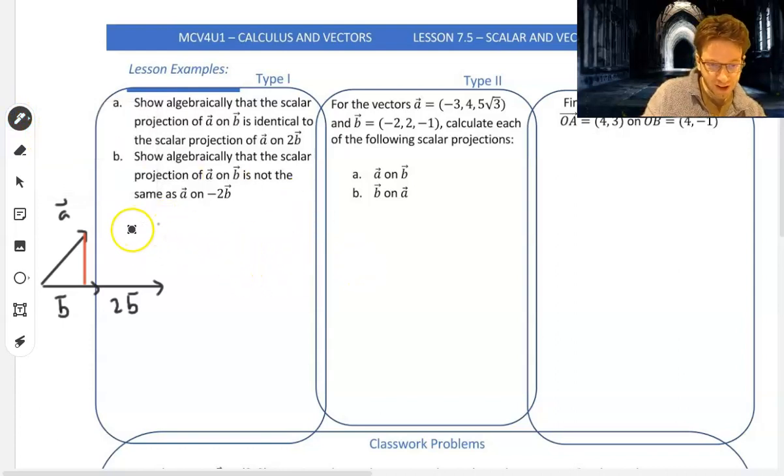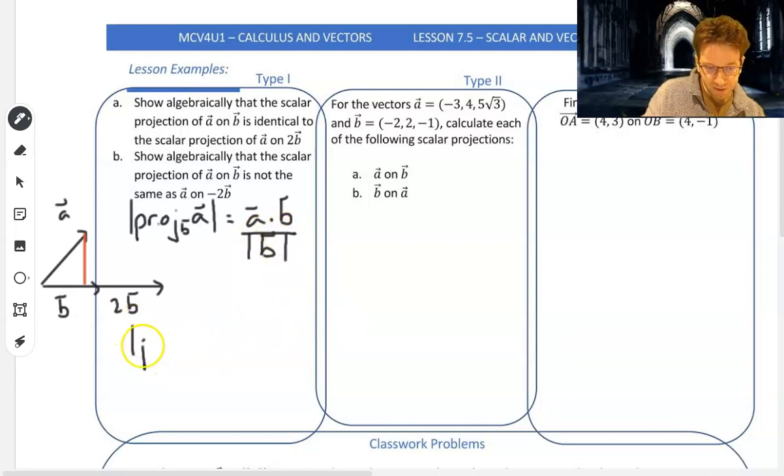So first, our projection, this is how we write it. We're going to write the projection of A on B, and since it's a scalar projection, we're going to say the magnitude of that, equals the dot product of A dot B over the magnitude of B. Alright, what about the projection of A on 2B?